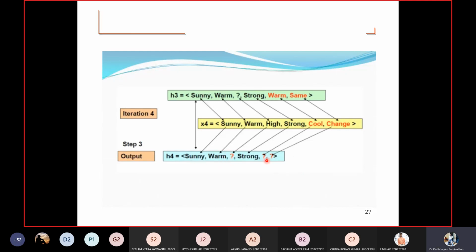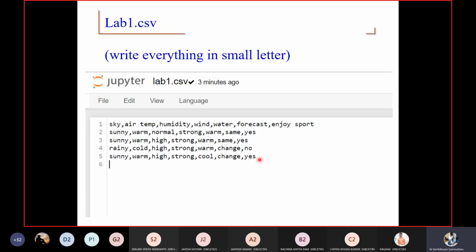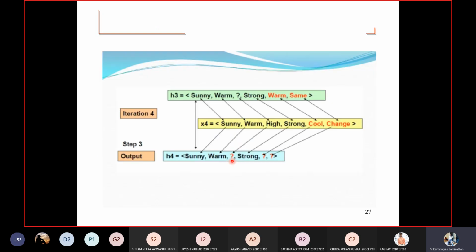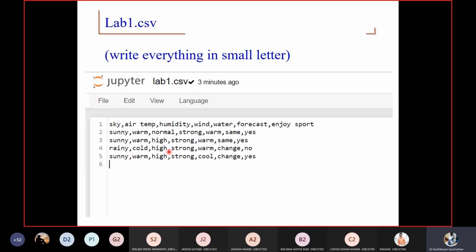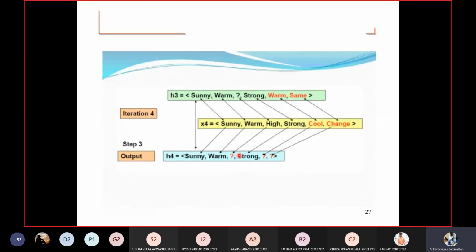So now these are the conditions, right? Sunny, warm and strong. You can see this one, sunny, warm and the fourth one, strong. So these are the conditions for this game. For the remaining, anything, even if you change it, no issues, definitely people will go for enjoy sports. So the question mark says it is the most general.